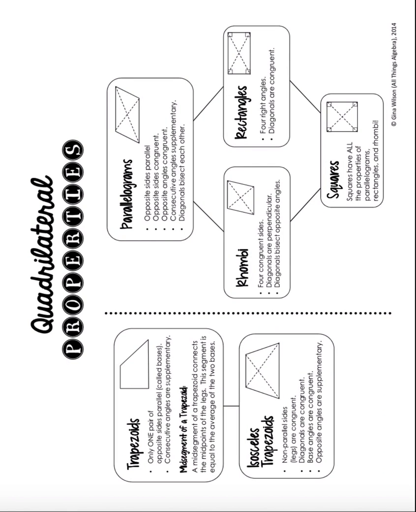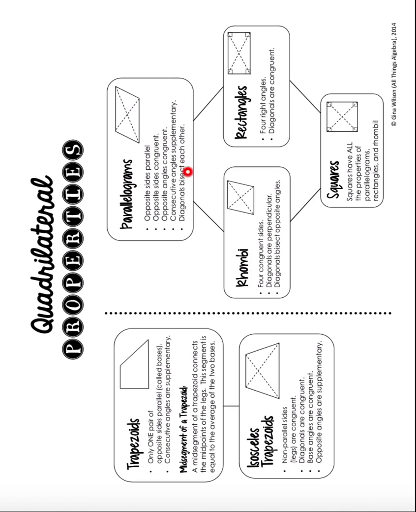All right, before we go on, I want you to look at these quadrilateral properties. Think of this like a family tree, kind of. I know it's on its side, it's okay. We have special things. A parallelogram is a special kind of quadrilateral with all these properties.